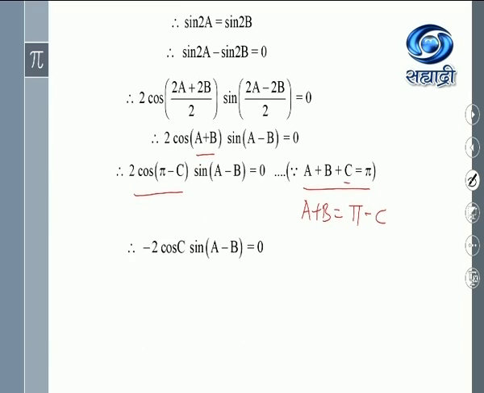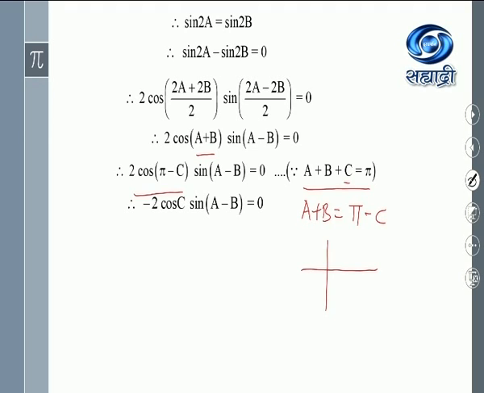So let us see what is cos of pi minus C. You know cos of 180 minus theta. Okay, because of pi, cos remains cos. Now we have to fix the sign, whether it is positive or negative. Pi minus C means which quadrant? Second quadrant. Here in the second quadrant, only sine and cosec are positive.